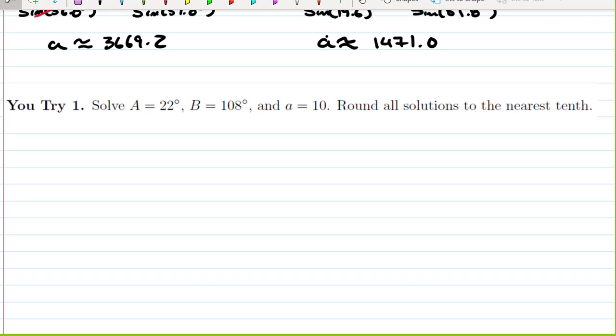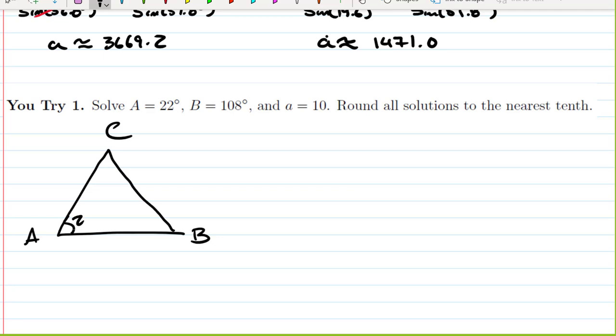Alright, so to do this you-try, the first thing we're going to need to do is sketch ourselves a nice triangle. So we have A, B, and C. We know angle A is 22 degrees. We know angle B is 108 degrees. And we know side A is going to be 10.